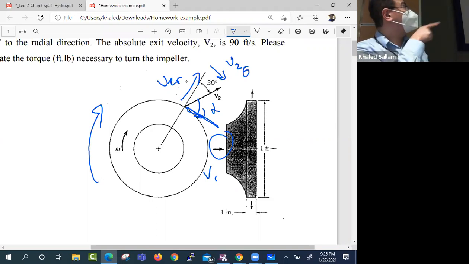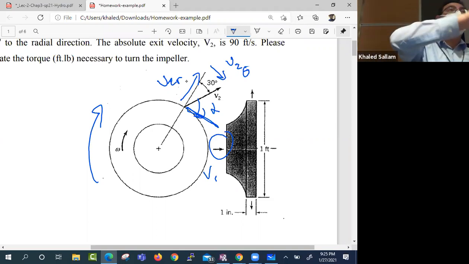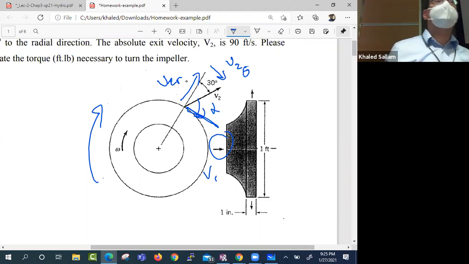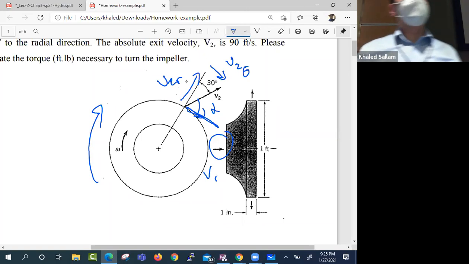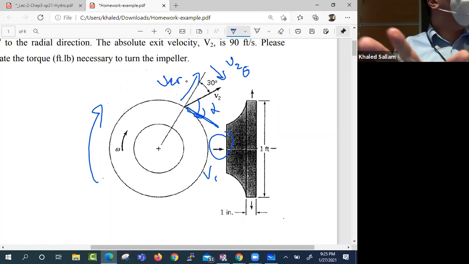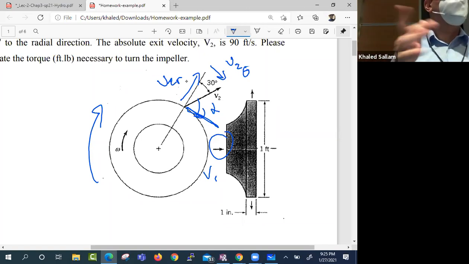It comes in all axial and it's leaving with a clockwise spin from the omega. Had this been a turbine, it should have left in the opposite direction, like it would kick the impeller in the back and go the other way. But because the impeller is spinning the fluid, it's a pump.